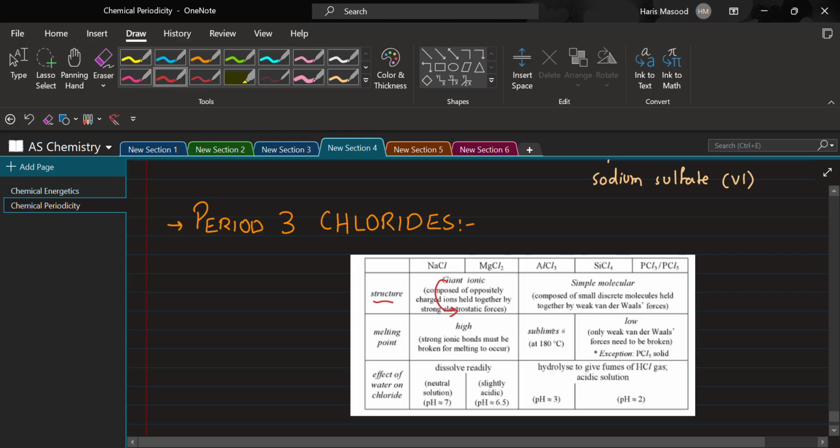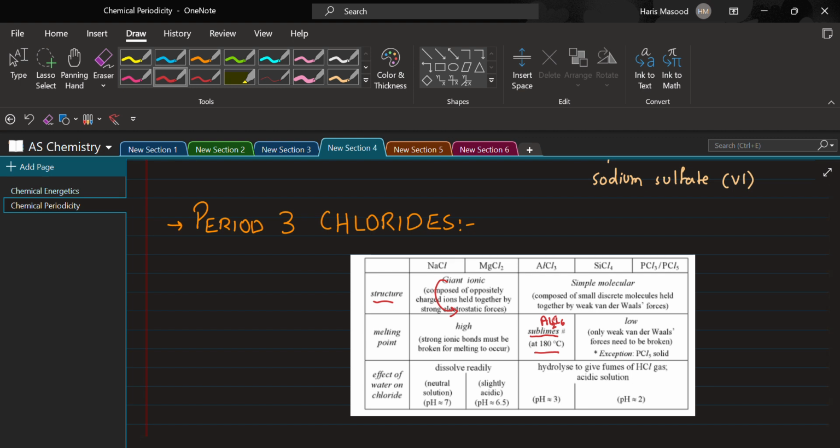Simple molecular AlCl3 sublimes at 180, which we study is Al2Cl6. Then SiCl4 and PCl3 and PCl5 have low melting points due to weak van der Waals forces. Exception: PCl5 is a solid.